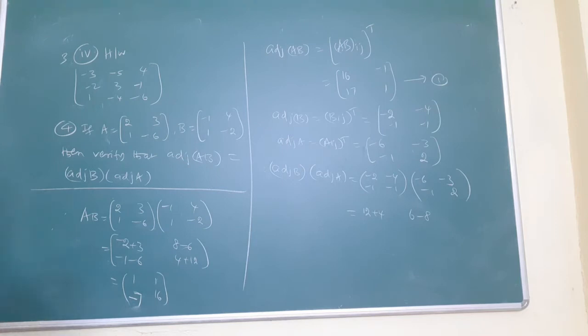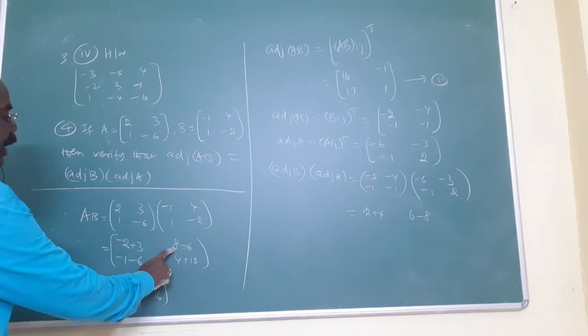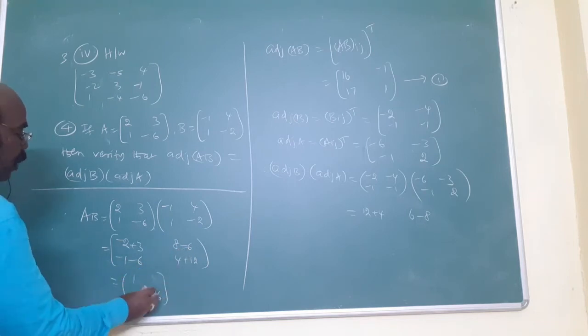Then again A is what? Adjoint A: minus 6, 2, minus 1, minus 3. Now multiply both. We get the answer 60. The minus is coming. Here actually, this is 8 minus 6, that's why 2 will come.